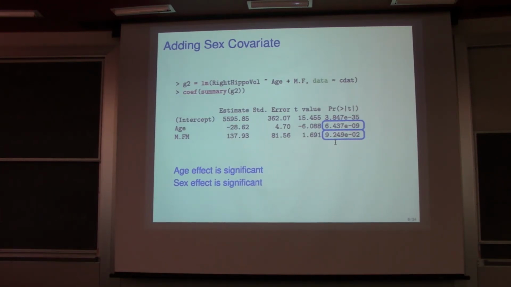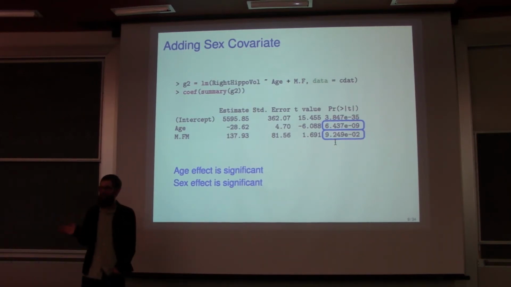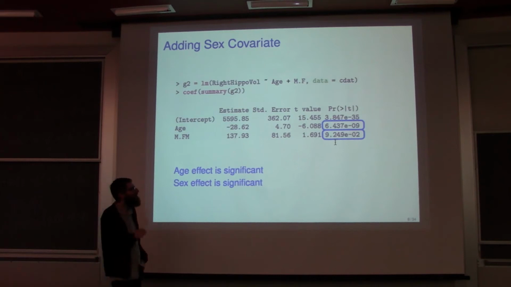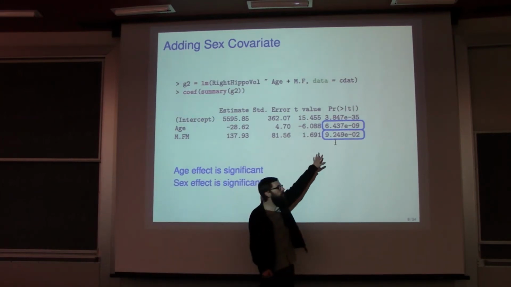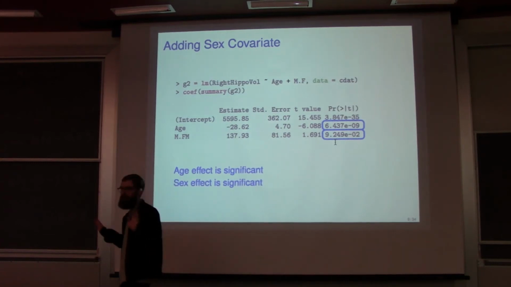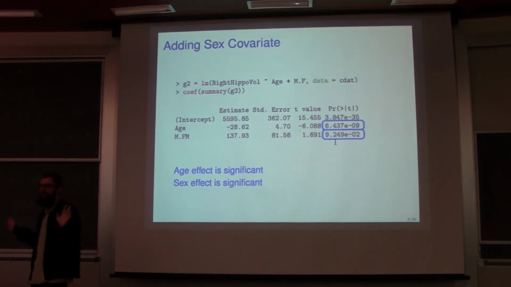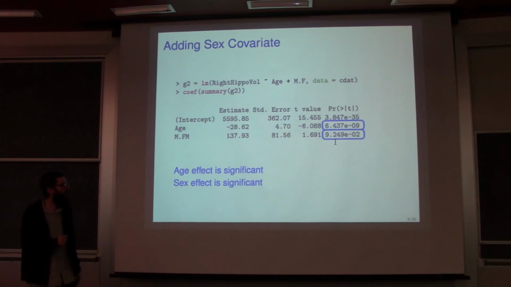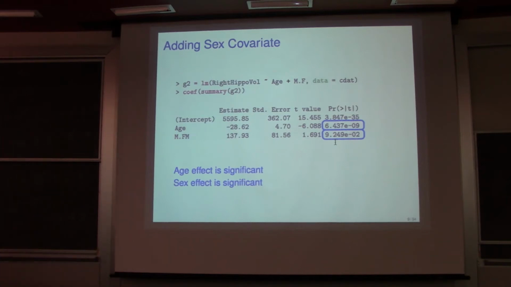Or maybe I was thinking of a 10% magic number. Anyway, sorry. So here you might decide to remove sex, depending on what your magic threshold is. If it's 5%, you would remove it here, because this is a 9% p-value. So I got that backwards there. So yeah, we might remove that.